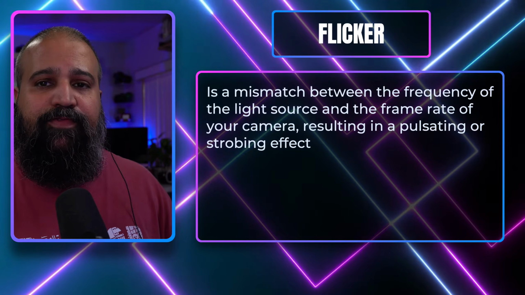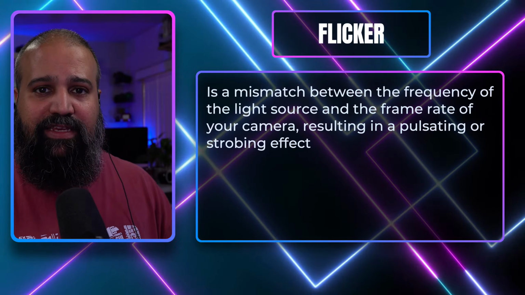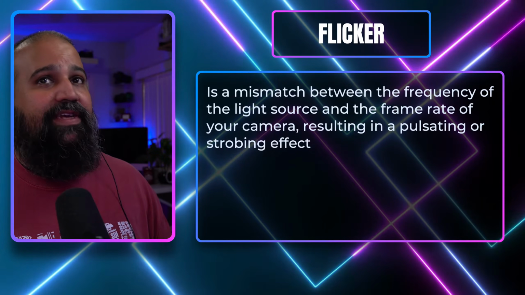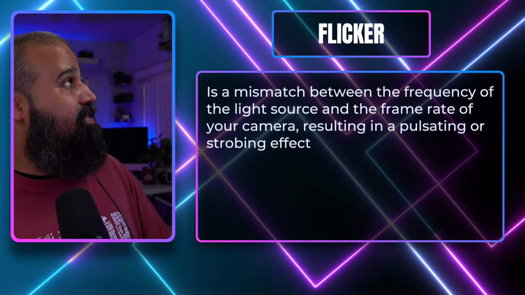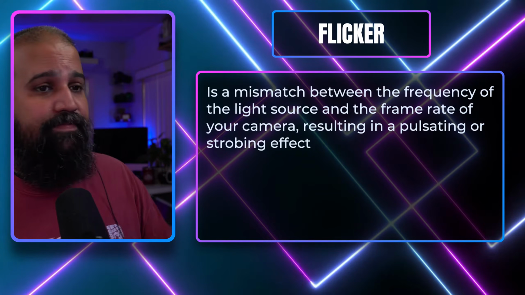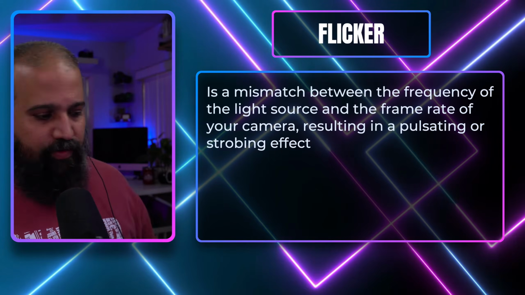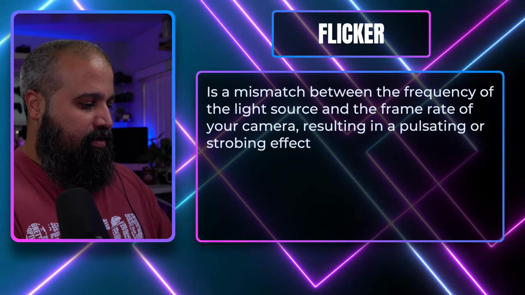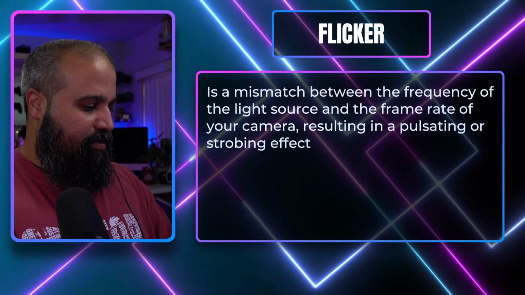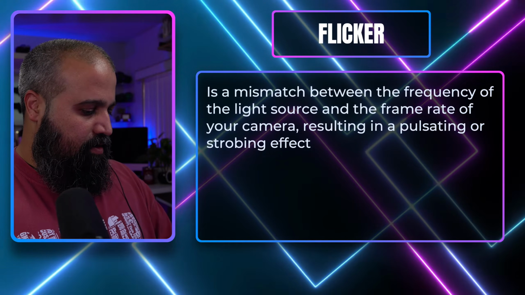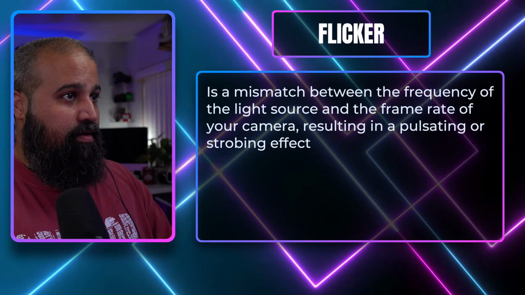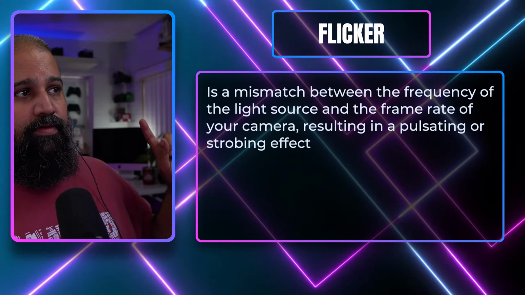The flicker rate is, let me see if I can give another example. Actually, I'm not set up for it. I did that yesterday. Well, actually, you know what? I can. Let's go back to that light over here. And there we go.